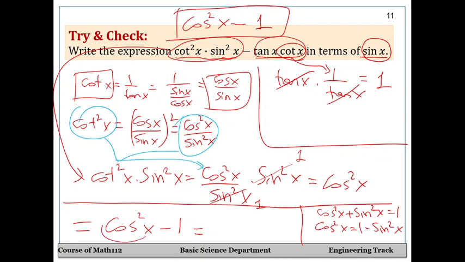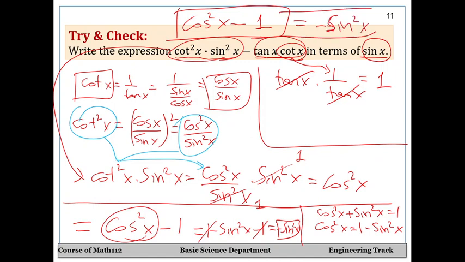So instead of cosine squared, I can write 1 minus sine squared x, minus 1. So they will cancel out, and we'll end up with negative sine squared x. So the answer will be equal to minus sine squared x.